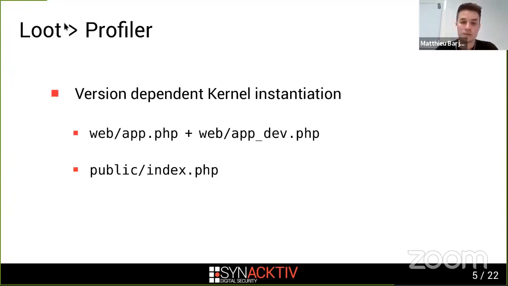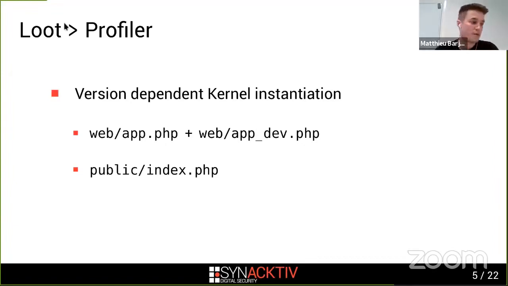And the second one, in app_dev.php, was the development kernel with debug features enabled. So in this case, according to the URL you use to reach your application, your request will either go through the first or the second kernel, and in the second case, you will be able to use the sensitive features.